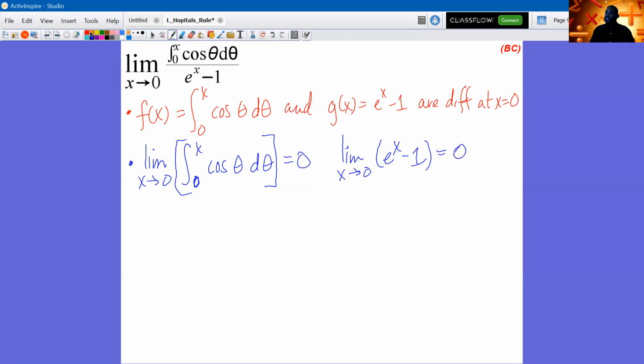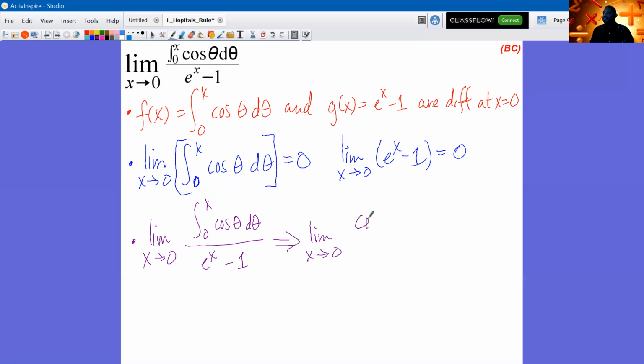So there's the indeterminate form. And so now we're going to use L'Hopital's rule. So this limit implies this limit. And now we're going to plug in 0.